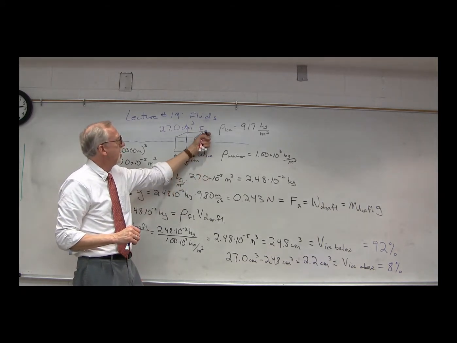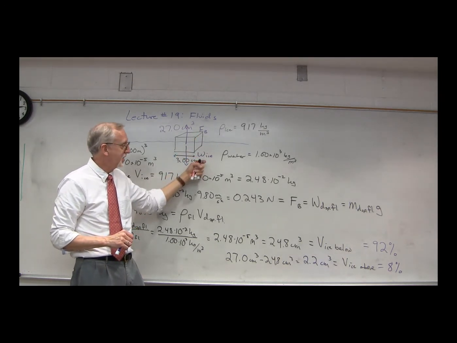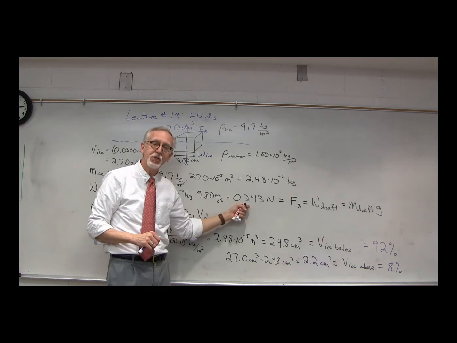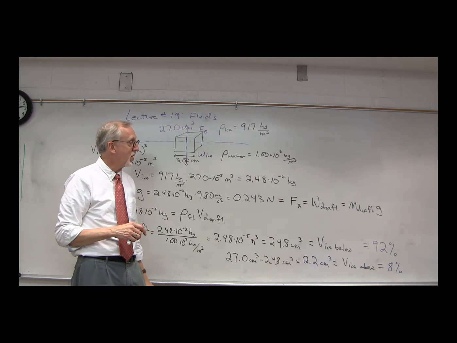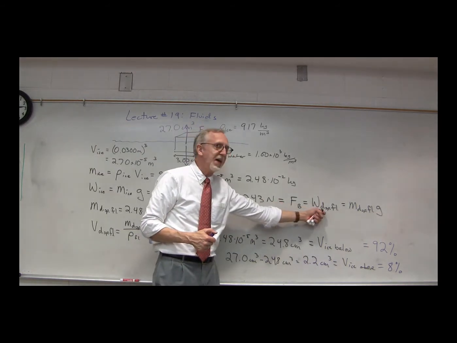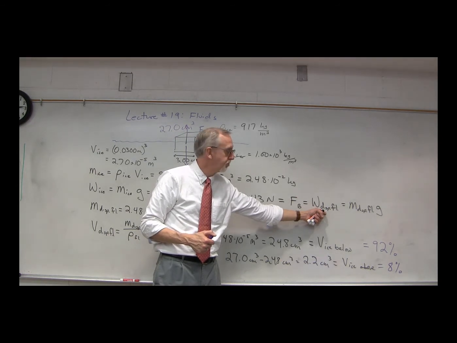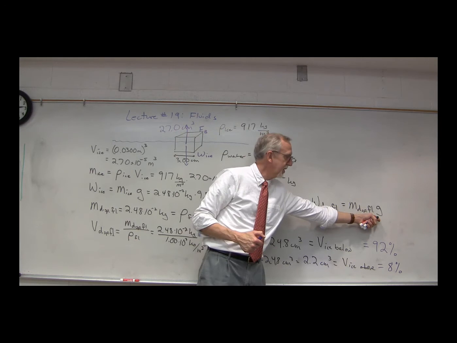So we'll equate the buoyant force from the water to the weight of the ice. The weight of the ice, the 0.243 newtons, must be equal to the buoyant force from the water. And we know that the buoyant force from a fluid is equal to the weight of the displaced fluid. The weight of the displaced fluid is the mass of the displaced fluid times g.